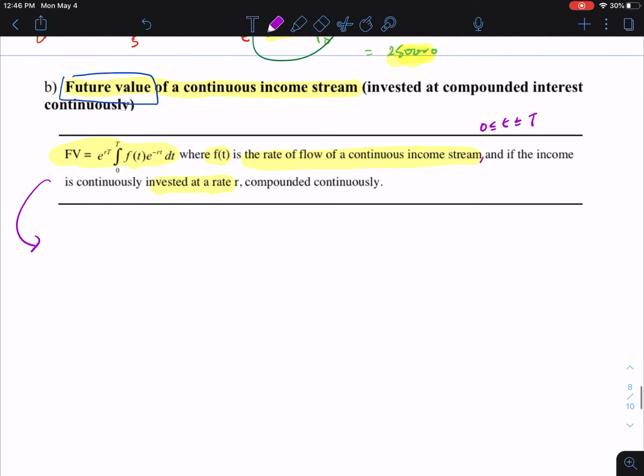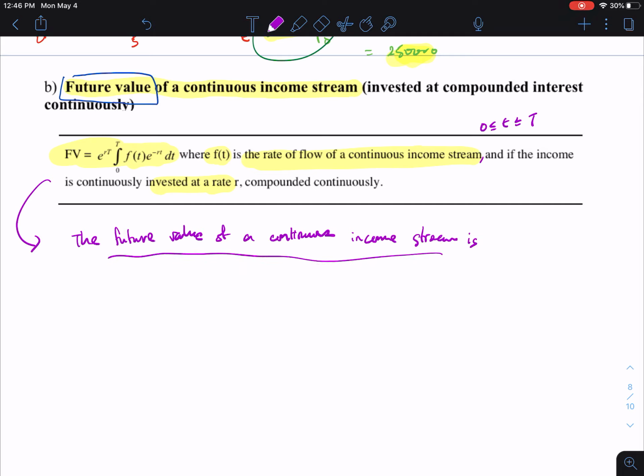So this here represents the future value of a continuous income stream. This here is the total value of all the money produced by the continuous income stream.